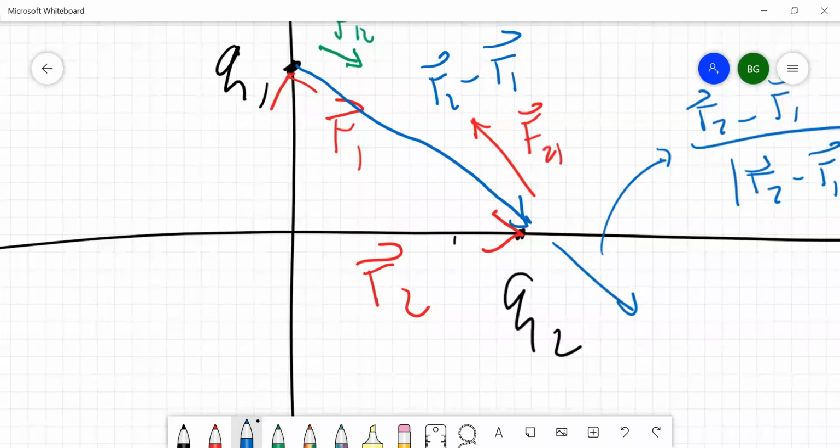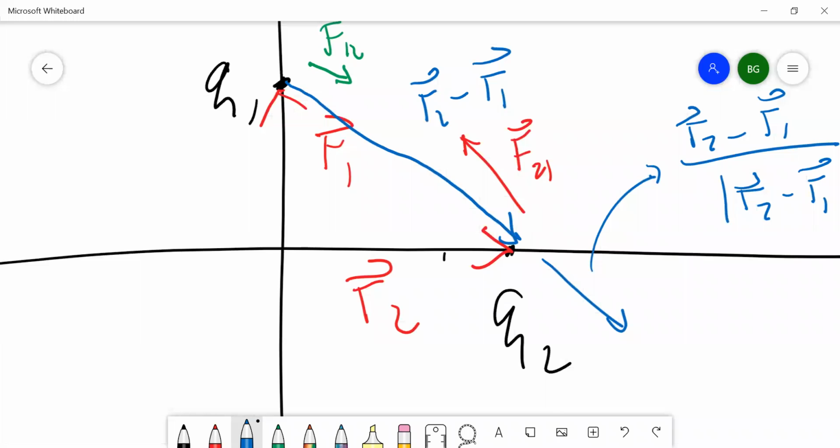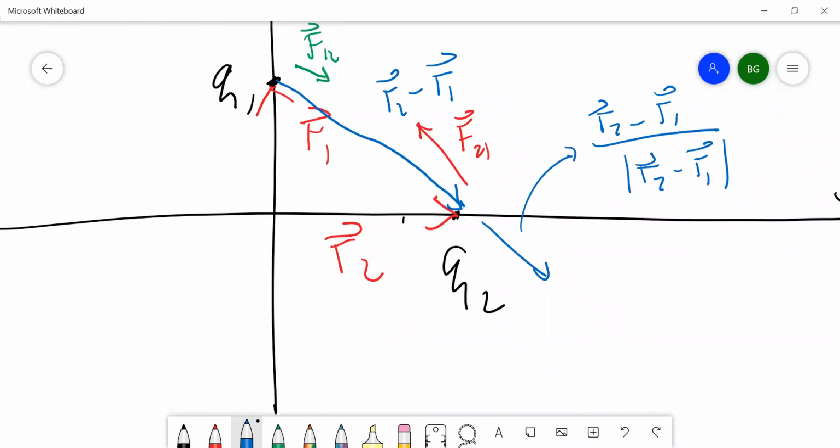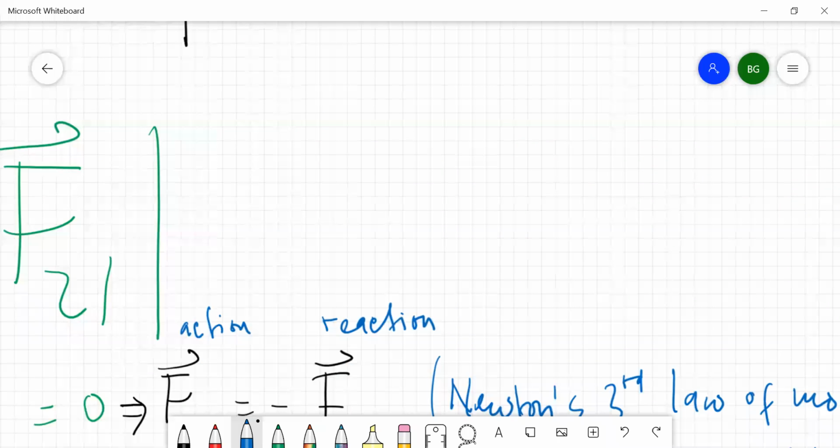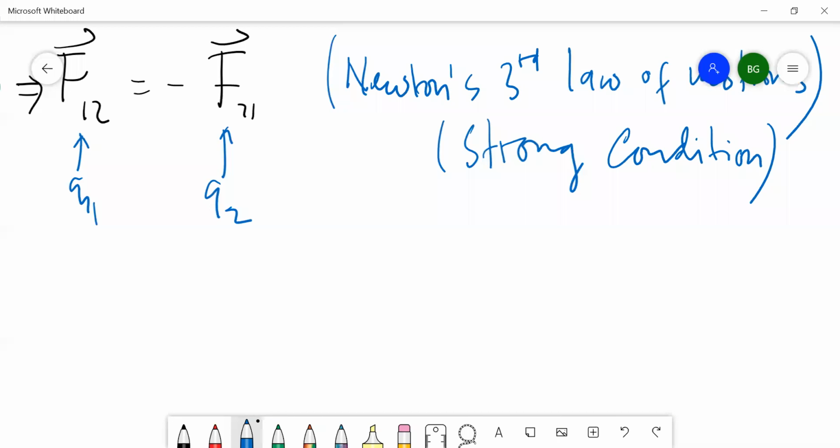So F12 and F21 coincide on the same straight line, but in opposite directions. That's why we call this a strong condition.